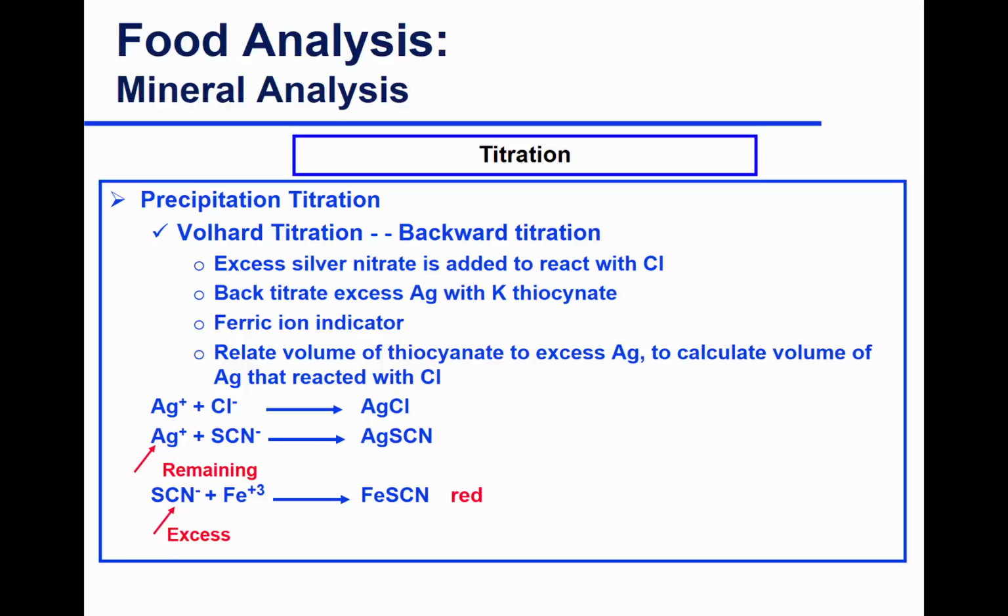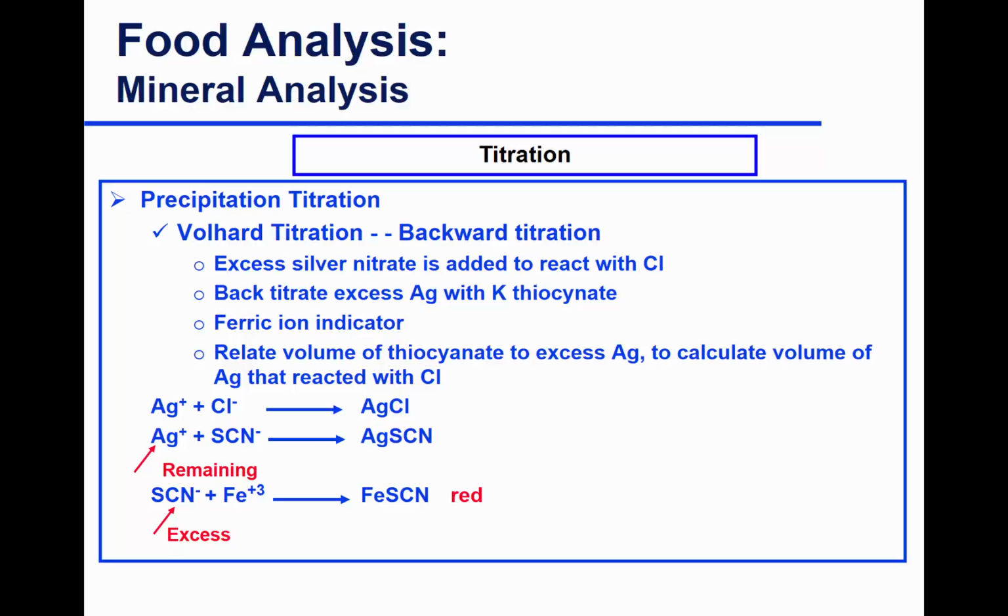The Volhard titration is another titration for salt, but it's a backward titration. And someone would say, if you have a forward titration, why do you need a backward titration? I don't know. It's a method that's been developed that way. I would always prefer a forward titration, but some people go with the backward titration.